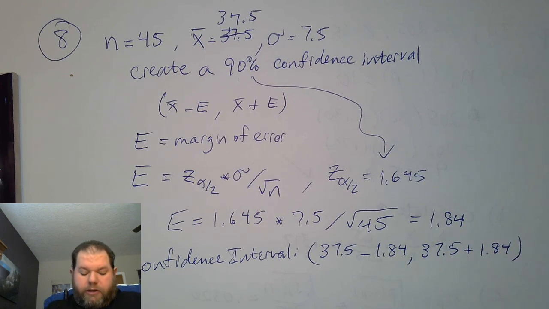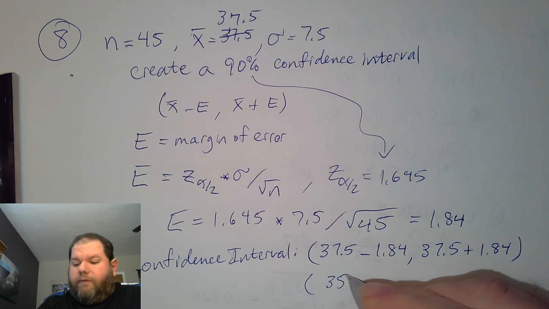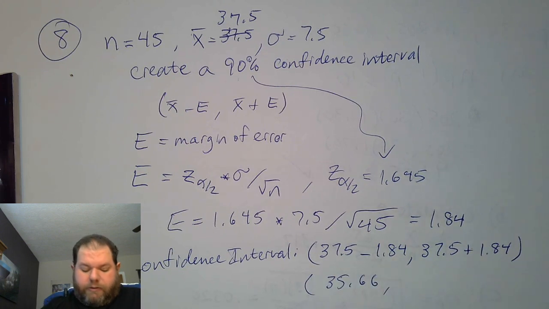So we'll go ahead and carry out that subtraction and addition, and we get 35.66 and 39.34.